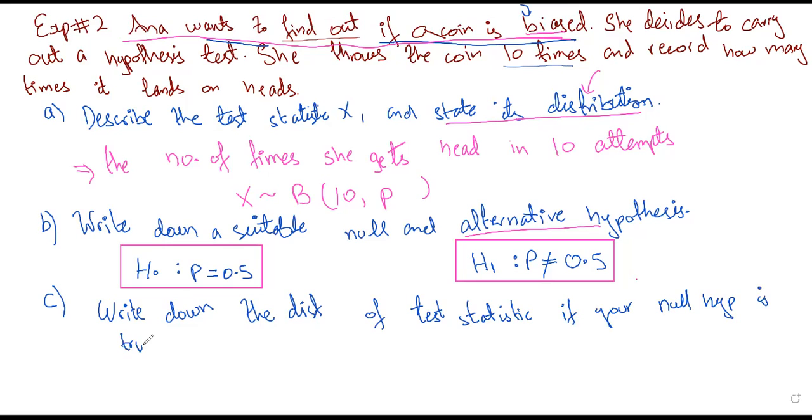All right, so what are we going to get here? This distribution of test statistic, that is this one right here. They just want us to plug in our value in P, okay? So like in the first part, we wrote P, and now we have two hypotheses. One is null, which says P is equal to 0.5, and the other one is P is not equal to 0.5. So for this part, you are just going to plug in the value of P.